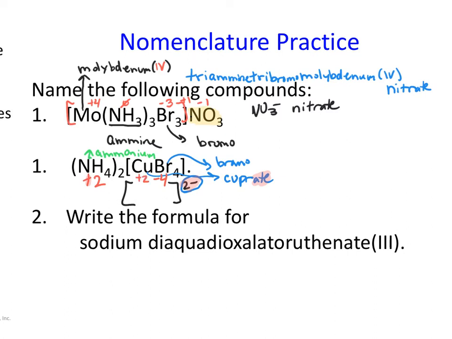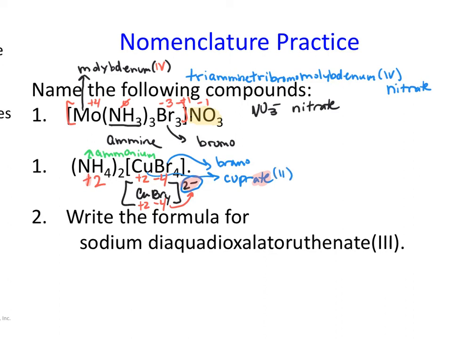I can also think about that if I'm looking at just the complex anion, CuBr4. I know that each bromo is minus 1, total minus 4. In this case, if I'm looking at just the complex, plus 2 and negative 4 give us that negative 2 charge. So this becomes cuprate II.